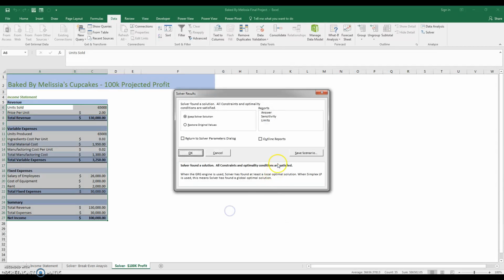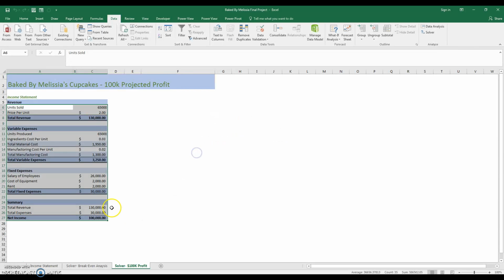And after solving it and keeping the solver solution, we need to sell 65,000 cupcakes during the holiday season. So we need to make 65,000 cupcakes in order to make $100,000 profit.